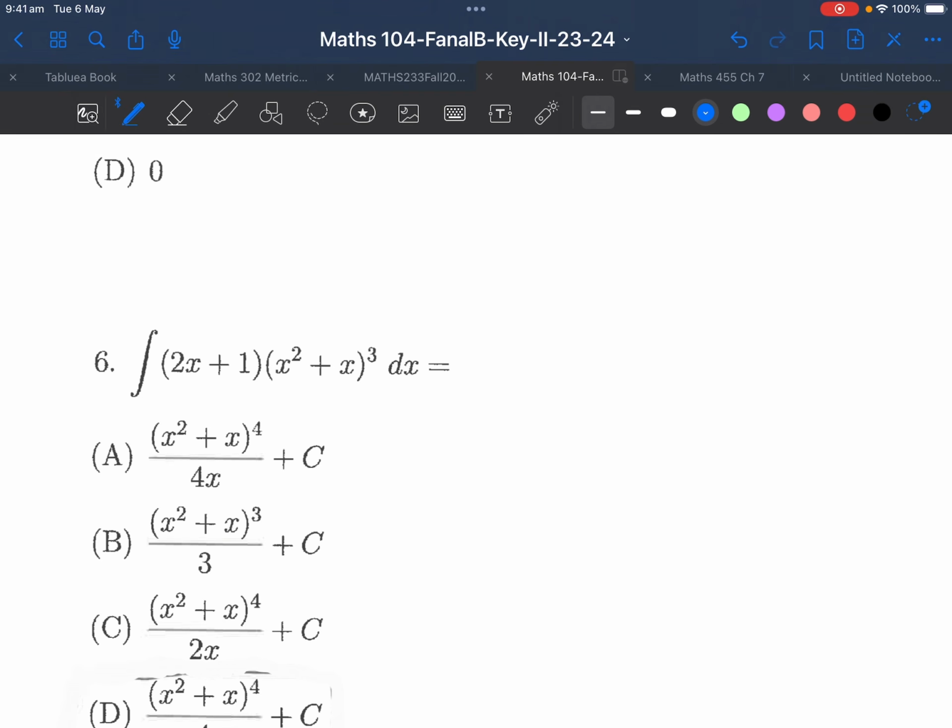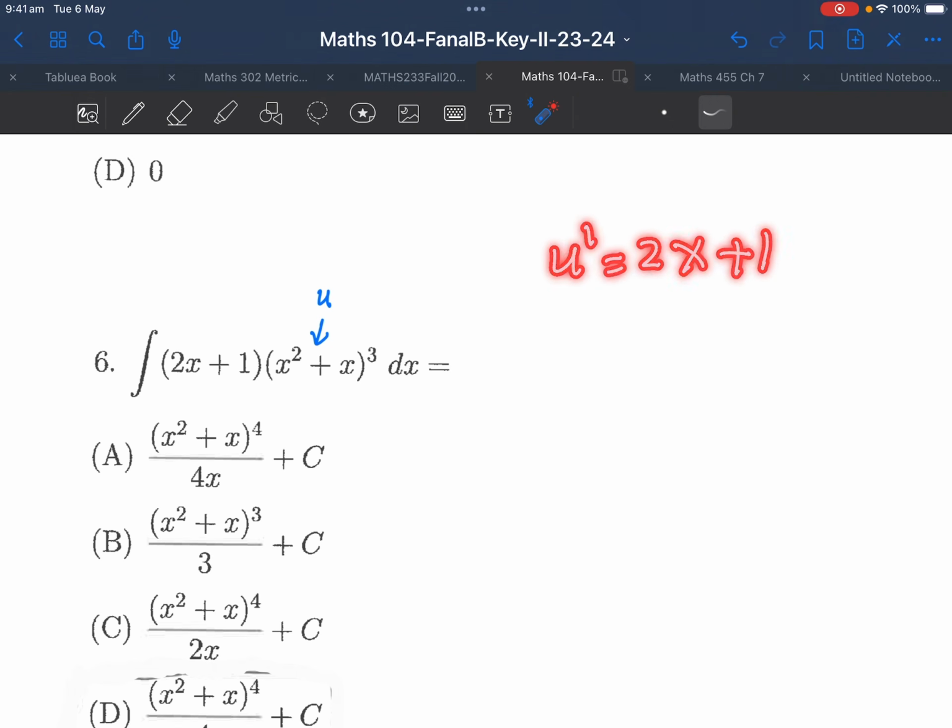Question number 2, it kind of looks complicated because you have something here and something here. However, if you think about this one as u, then what is u prime? Well, u prime would be 2x plus 1, which is exactly this one.